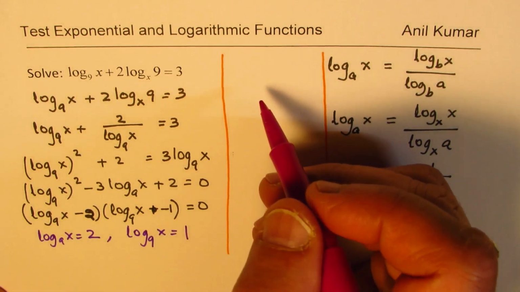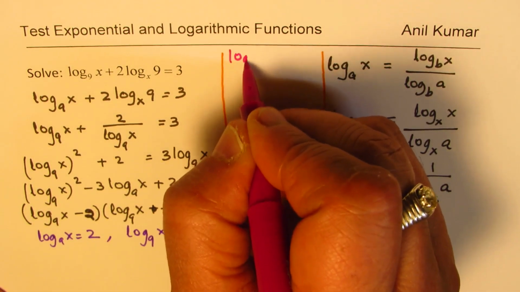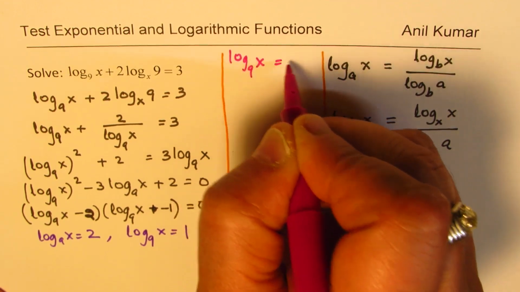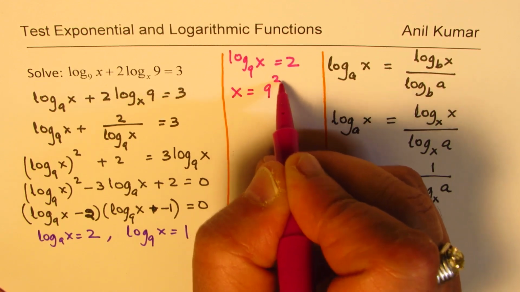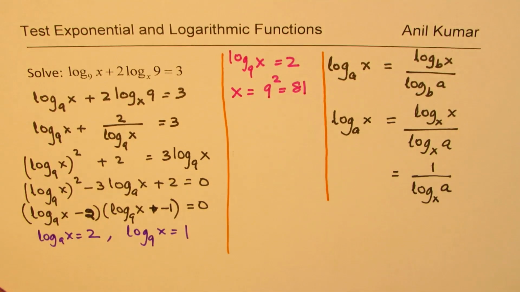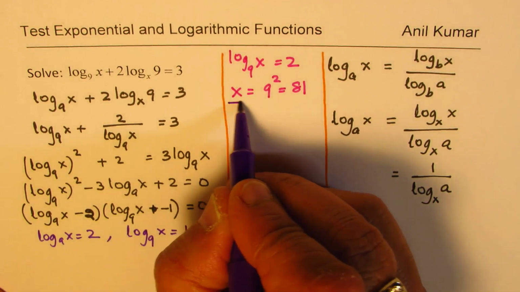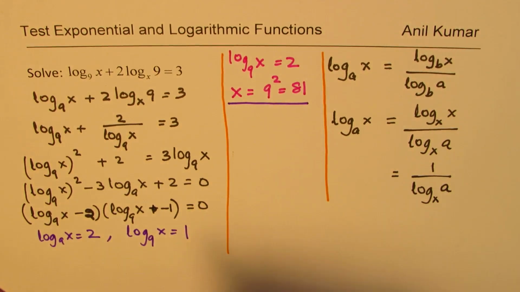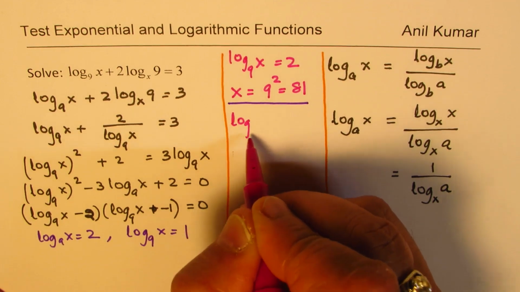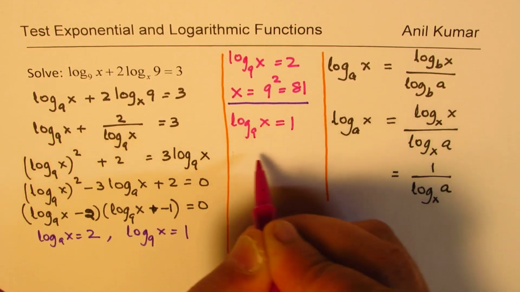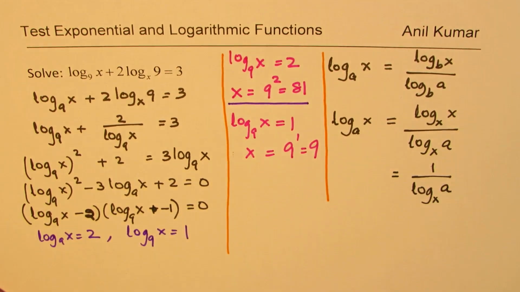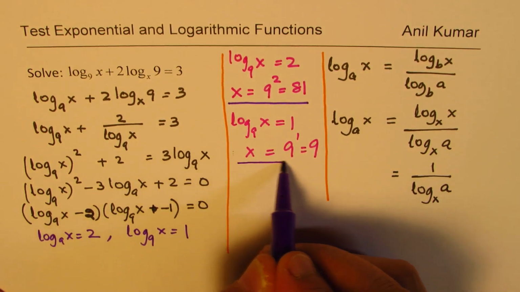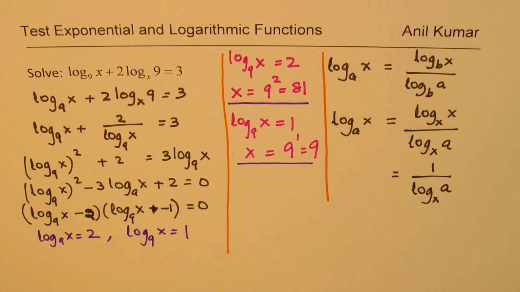When I say log to the base 9 of x equals 2, it basically means x is equal to 9 to the power of 2, which is 81. So that is one solution. The other solution is log to the base 9 of x equals 1, which means x equals 9 to the power of 1, which is 9. So these are the two solutions of our equation.